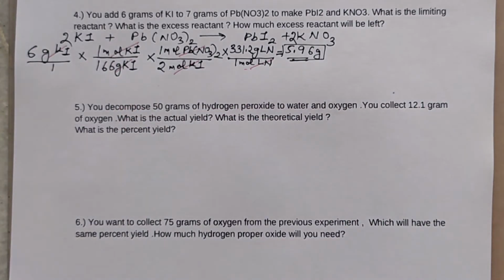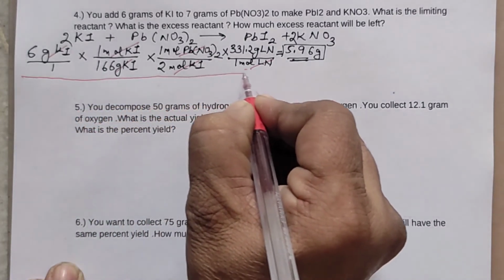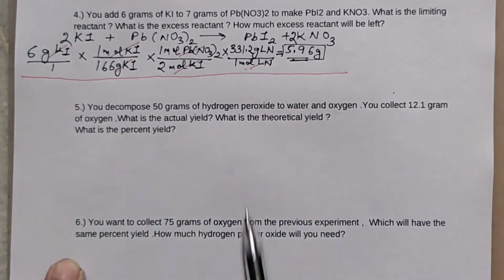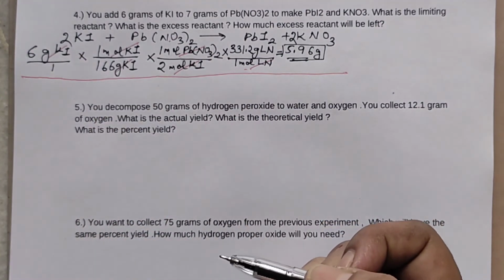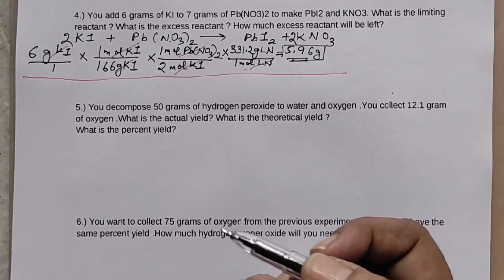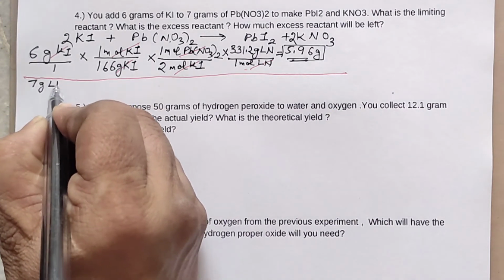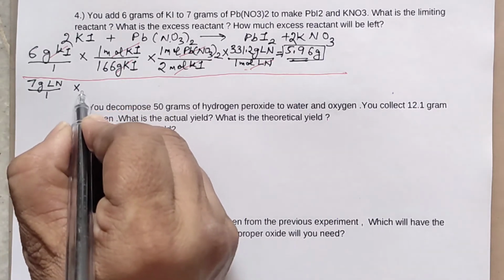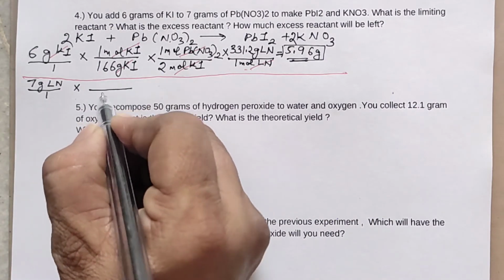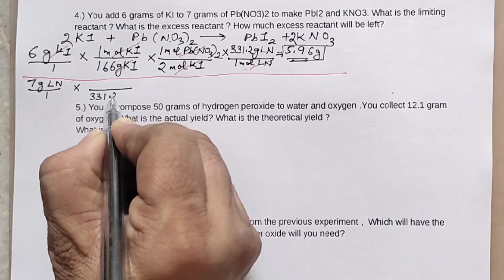But nevertheless, you can just verify it once again. By using 7 gram of lead nitrate, how much potassium iodide will be required? Let's calculate that part. Right? So for that, what you have? 7 grams of lead nitrate by 1, convert this into moles, divide by molar mass. So molar mass of lead nitrate is 131.2.